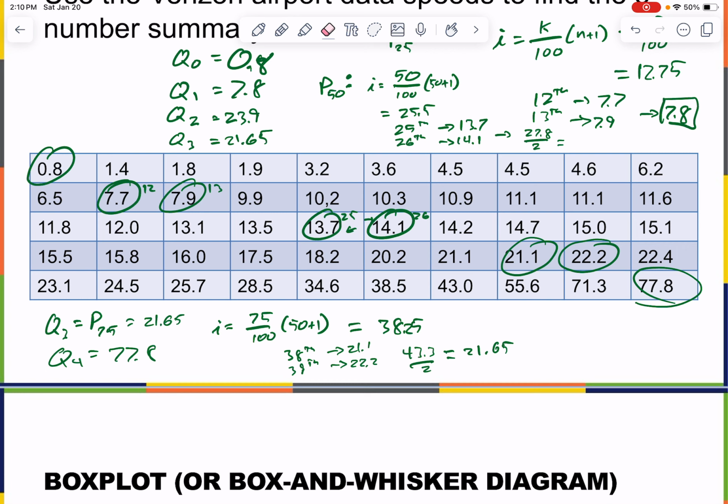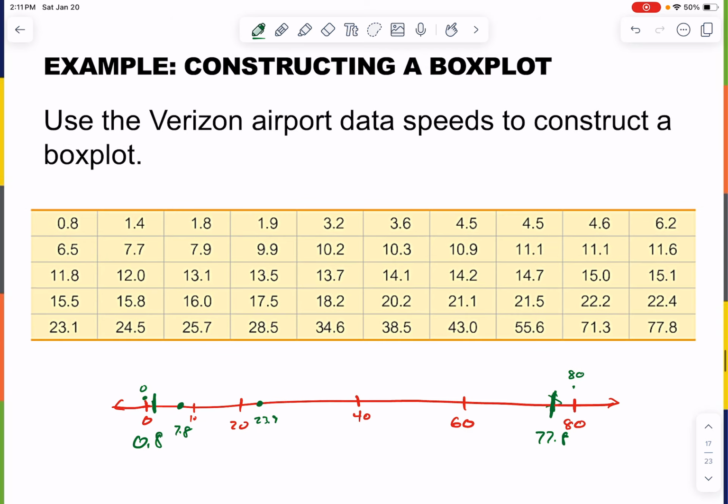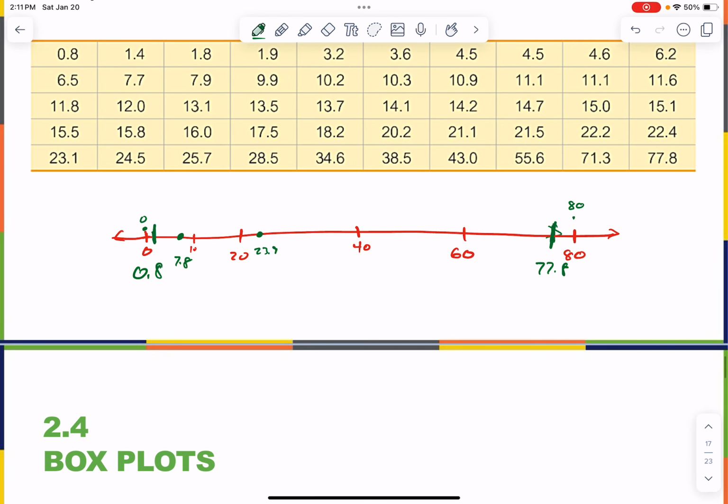Okay, that's 13.9. Oh, I put a 2 when I meant to put a 1. 13.9. Okay, not 23. 13. 13.9 is what it is. So sorry about that. I just wrote the wrong thing there.